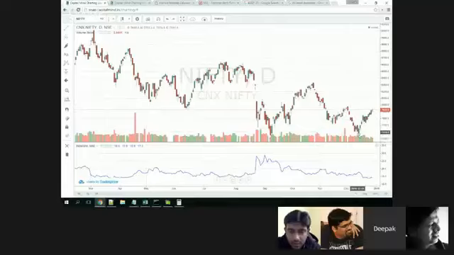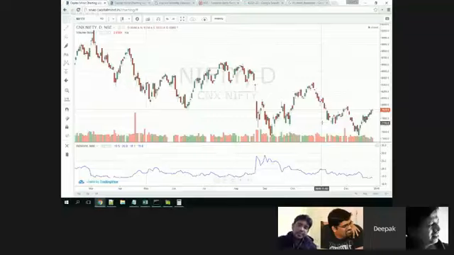So that's when I wrote the 7600 7650 ratio spread for about 30 rupees. So it was a 1:2 ratio: you bought one 7650 and sold two 7600. Yeah, so I did that.